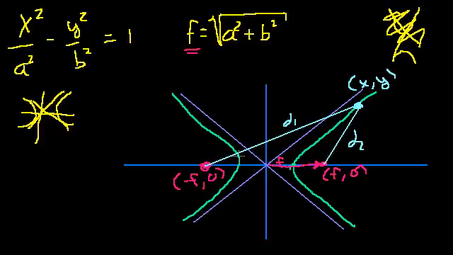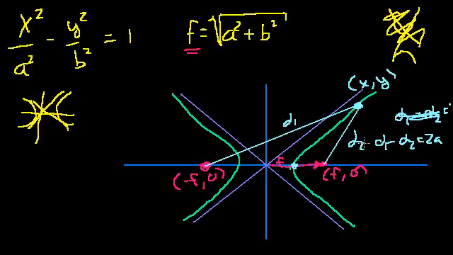In fact, the hyperbola is all of the points that satisfy that condition. And we learned in the last video, by picking this point and asking what's that distance minus that distance, that it's 2a.